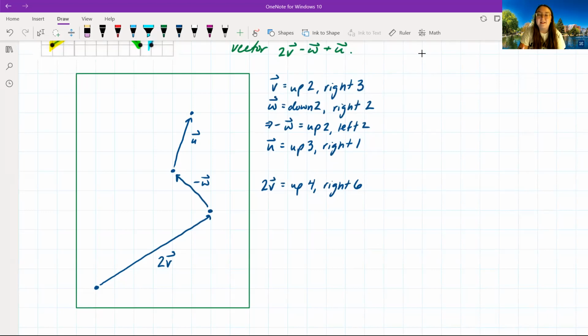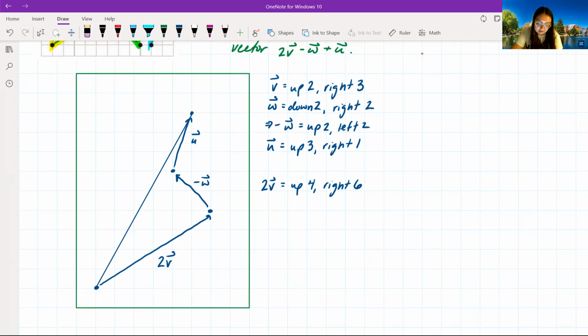So now what happens is that we want to connect the first point and the last point. So we're going to be connecting the initial point of 2v and the terminal point of u. So we're going to grab and connect.